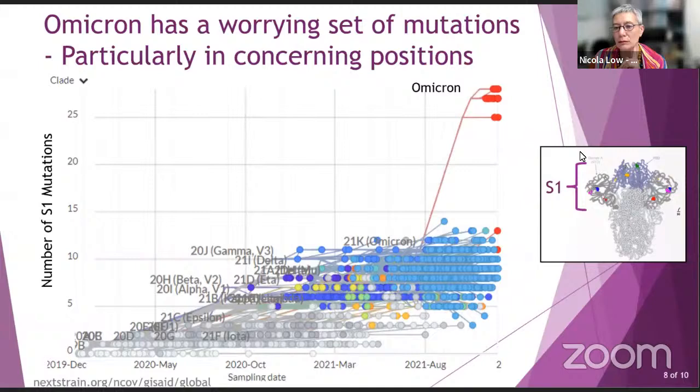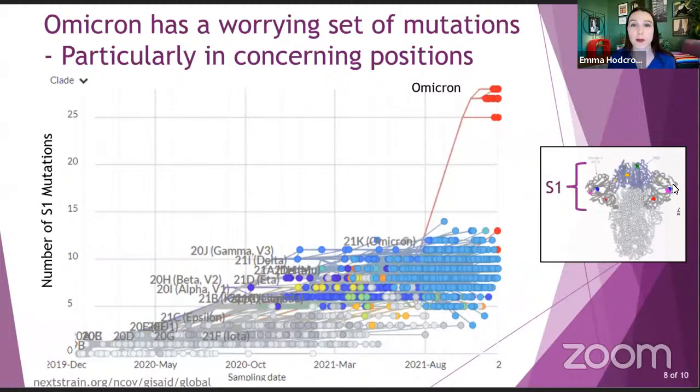And in particular, the top part of spike, called S1, is really important for both of these functions. And if we look at Omicron, it has more mutations in this top S1 part of spike than we've seen in any other variant of concern. And we know they're in positions that can influence those critical things of transmissibility, clinical outcome, or immune evasion.